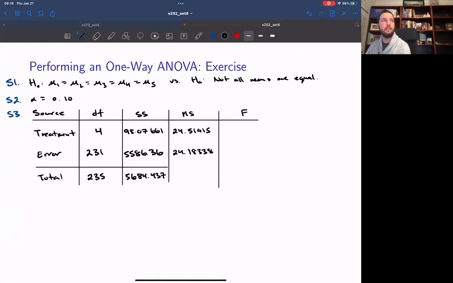Okay, and then the F statistic is going to be the mean squared treatment divided by the mean squared error. So that's going to be 1.014. Okay, any questions?